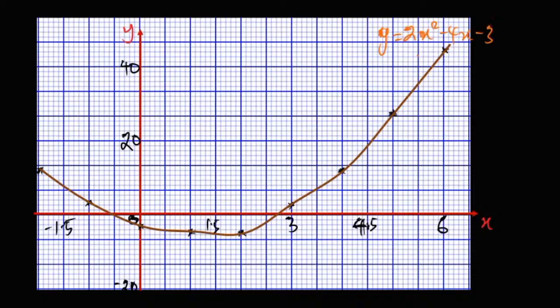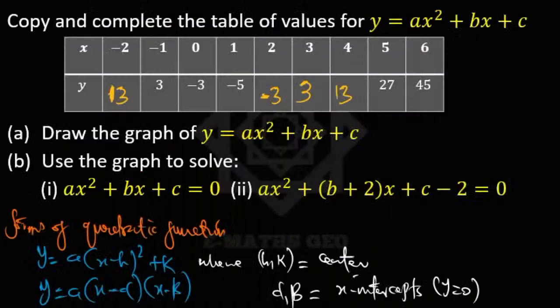So they asked us to use it and solve. We've done this. So use it and solve that. The first one, ax squared plus bx plus c equal to 0. You know y is 0, meaning x-intercept. That's the point of intersection of the x-axis and the curve.